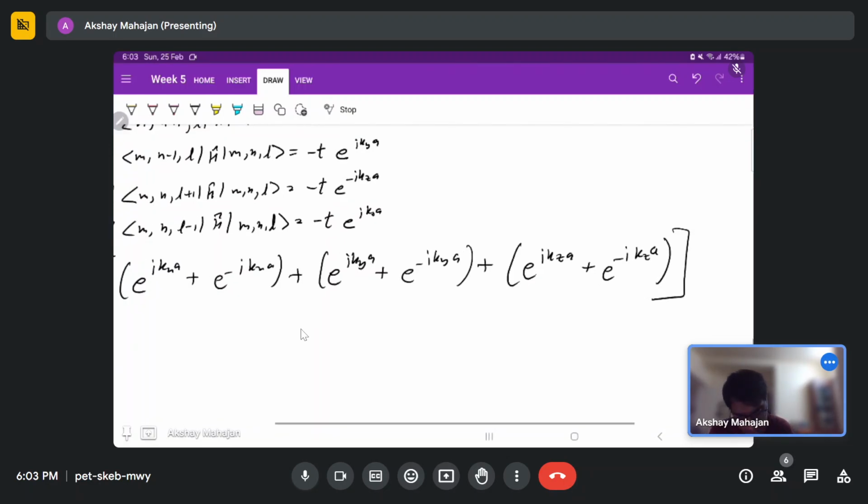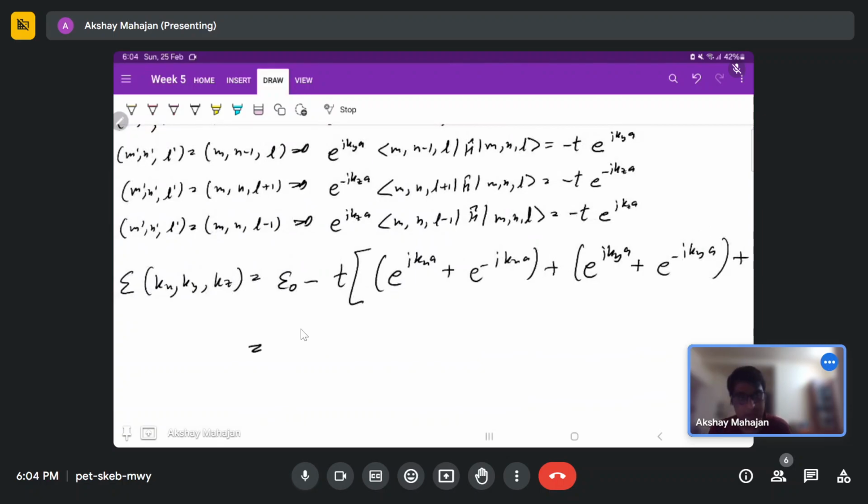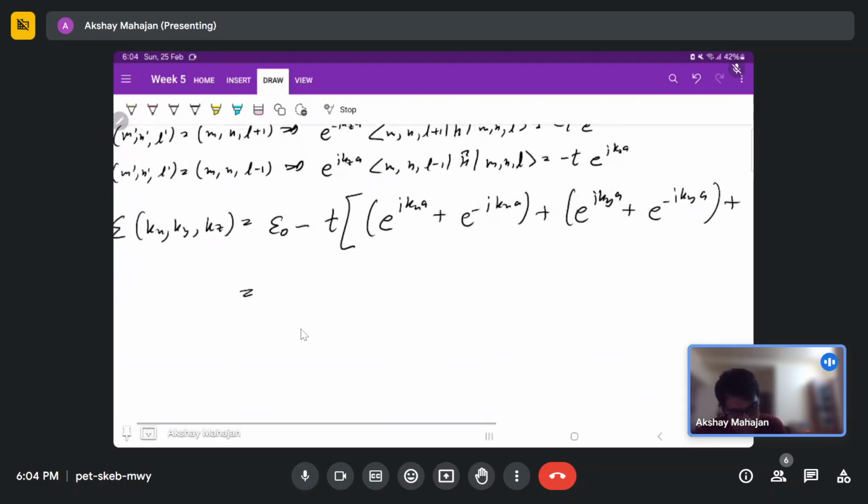Alright, and again this, as we know, will become 2 times cosine of kx of a and so on.